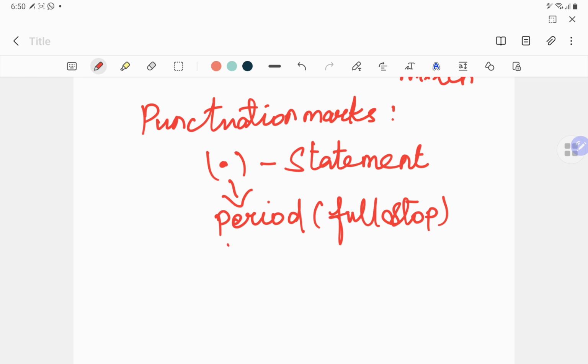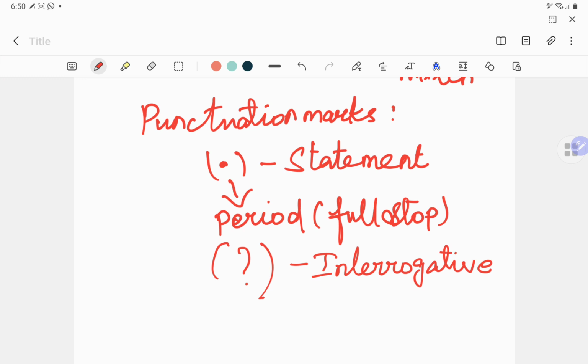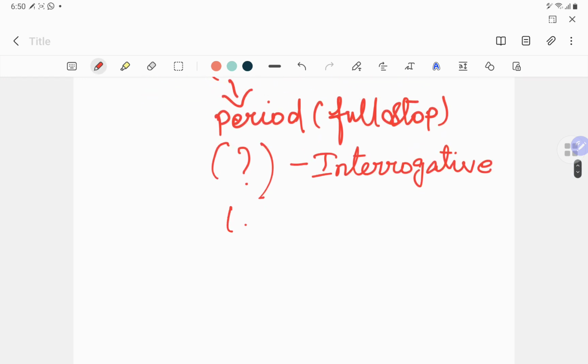For interrogative sentence, question marks. If you have the question mark after the sentence, that is called an interrogative sentence. And then the punctuation mark is again a full stop for imperative.